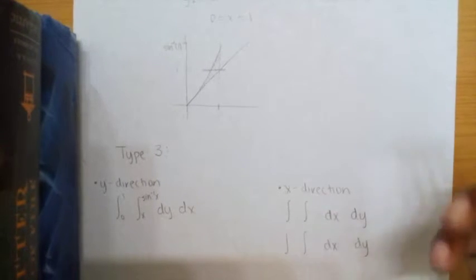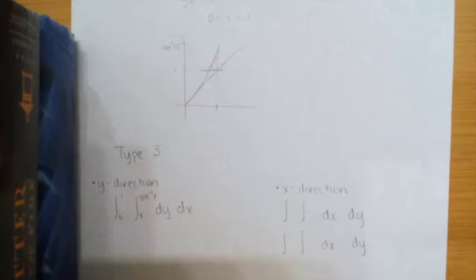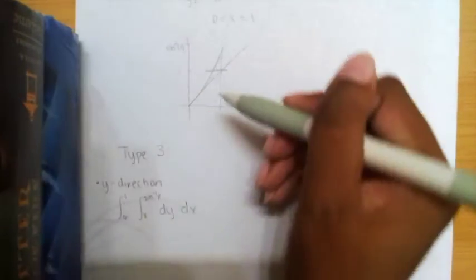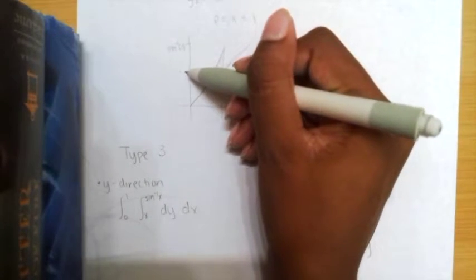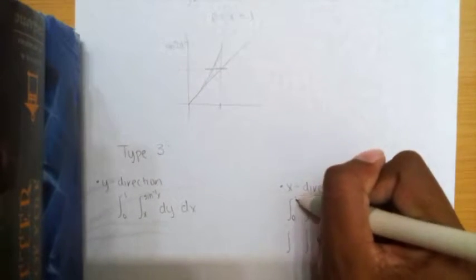So the top function, or the bottom function, sorry, as we move, so that would be from the bounds 1 to 0, or 0 to 1, I guess.